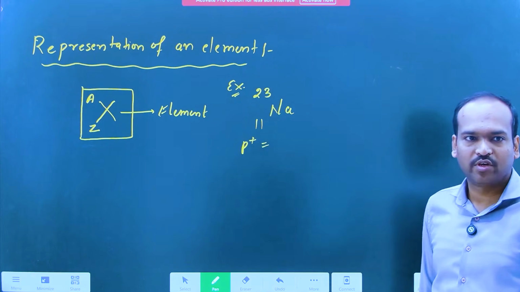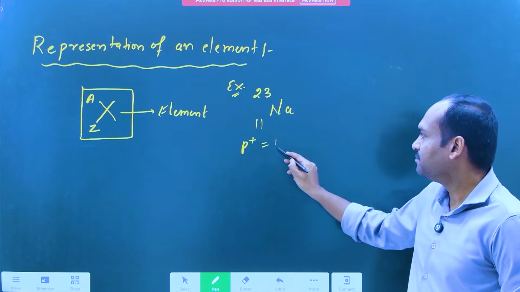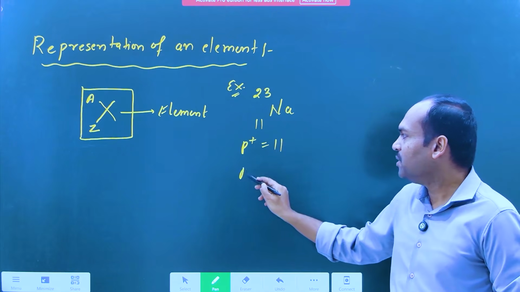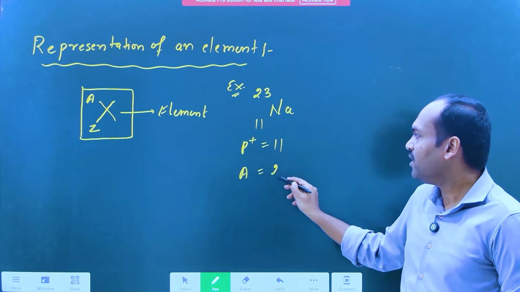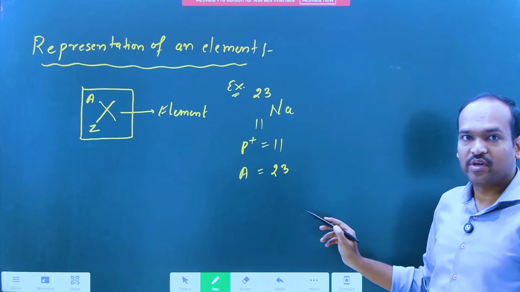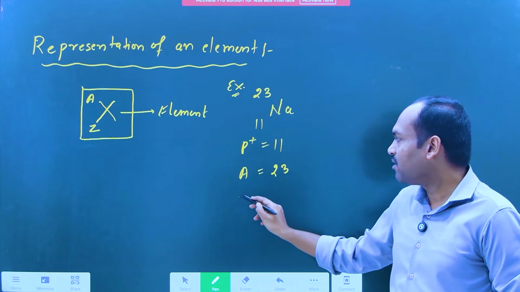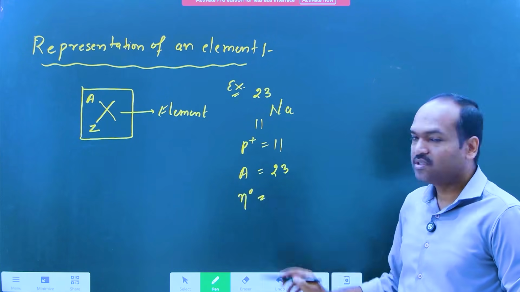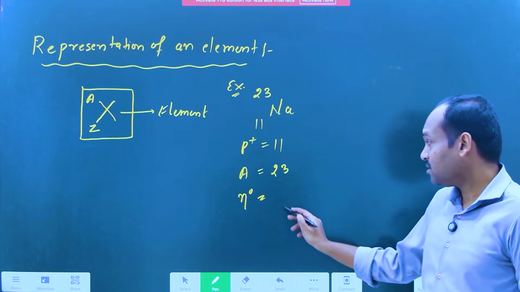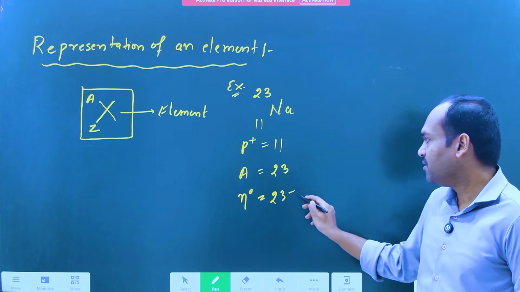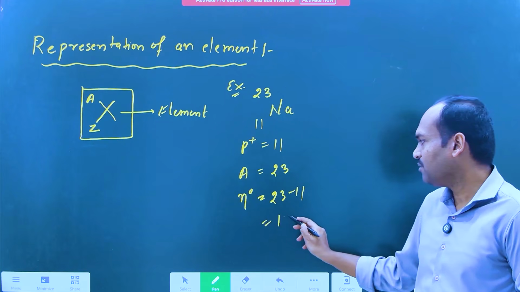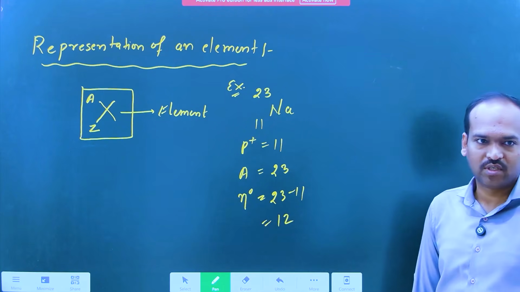Number of protons for sodium is 11. Mass number A is 23. And to calculate the number of neutrons, it is 23 minus 11, which is 12. Number of neutrons is 12.